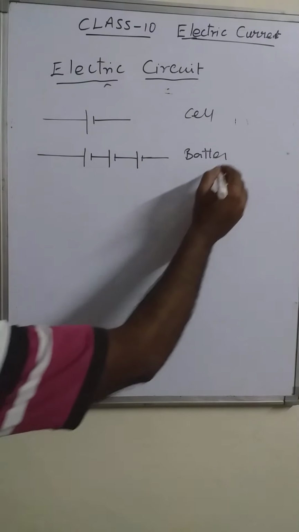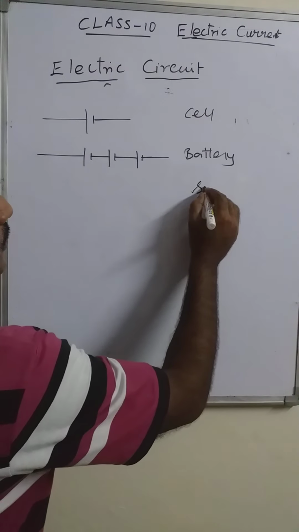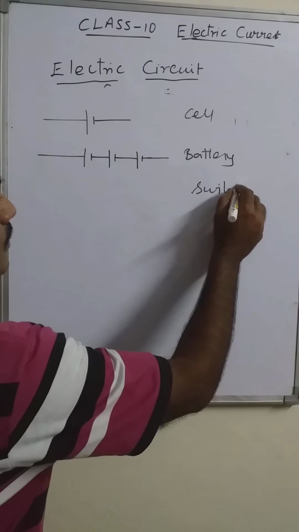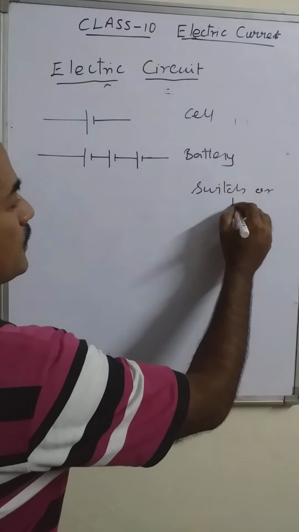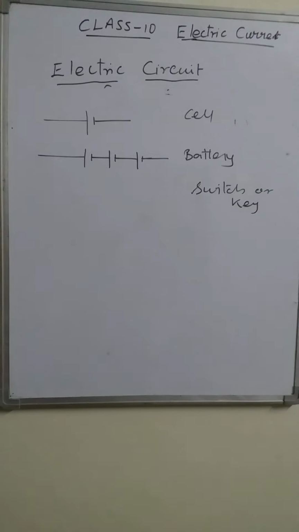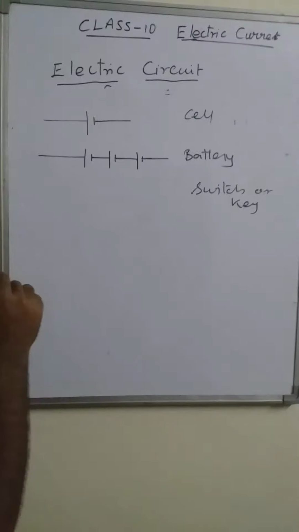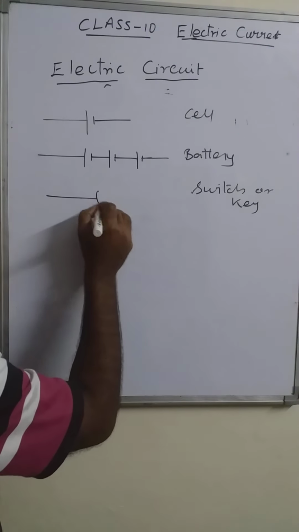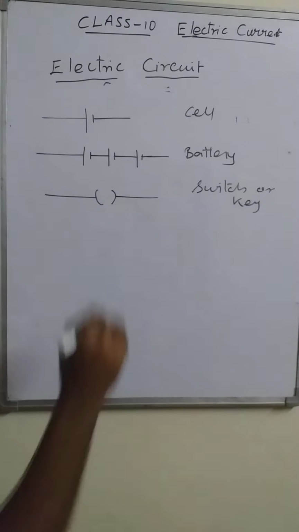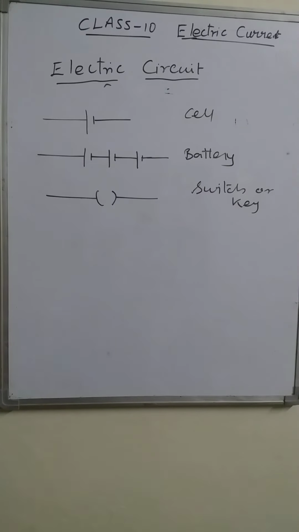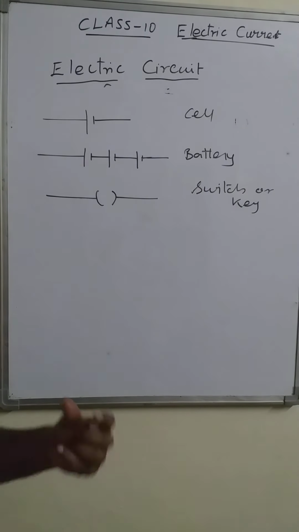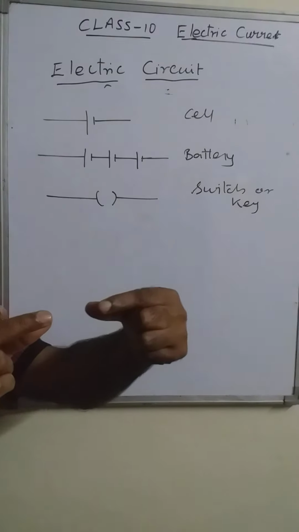Instead of using the word switch, we can use the word key. There are so many types of keys. Here we are using a key that is plug type. There are two conductors like this.